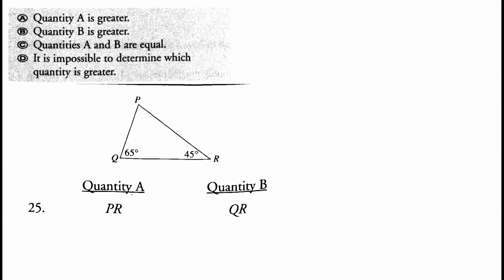25. Quantity A is PR. So this is PR. And quantity B is QR. So if this is 65, this is 45, then this angle would be what? X plus 65 plus 45 equals 180. 65 plus 45 is 110, and 180 minus 110 is 70. So this angle is 70. Now this has the highest angle, so QR would be the longest.